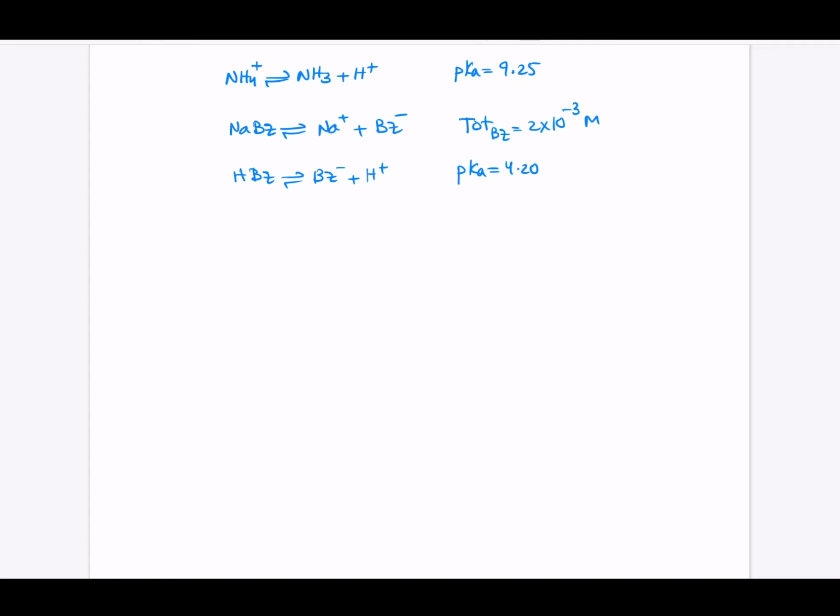So the buffer intensity at the pH of 9.24, or at any pH, would be the buffer intensity related to water, buffer intensity related to ammonia, and buffer intensity related to Bz, HBz.